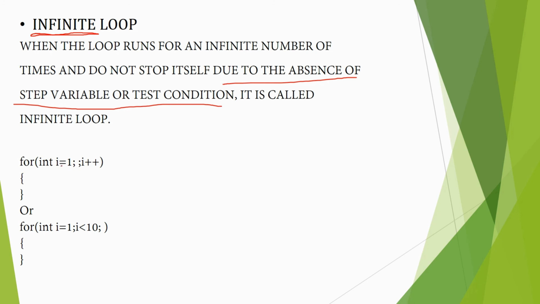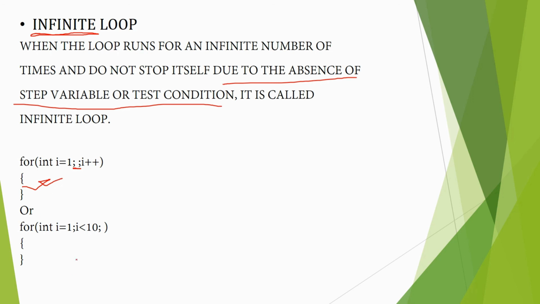Here there is no test condition, that is, the value of I will be increased, but there is no condition that will check the value of I, that is, the value of I will be increased infinitely and the program will be stuck here, that is, it will not come out of the loop.